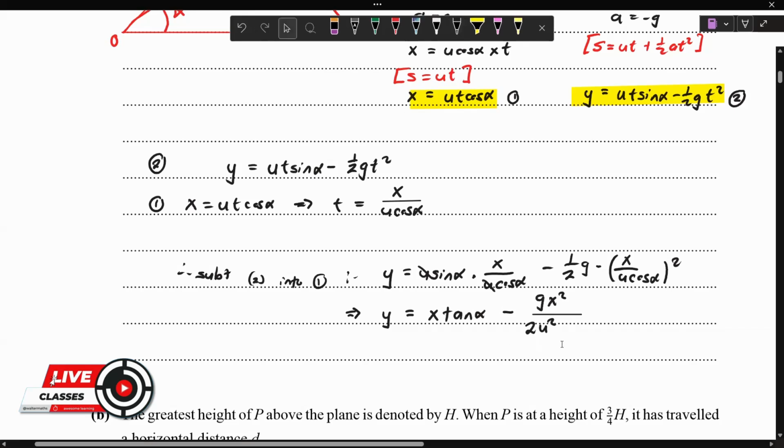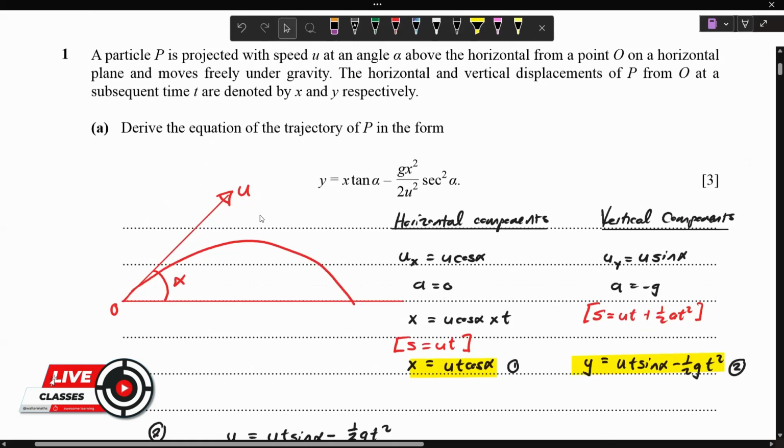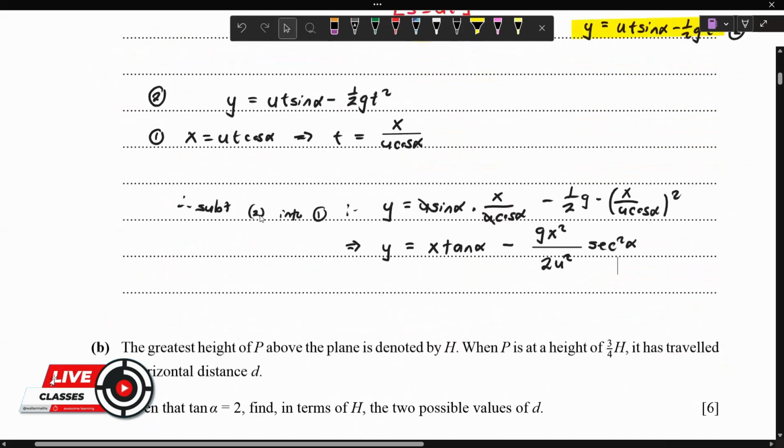However, 1 over cos squared alpha is actually the same as sec squared alpha. So sec squared alpha here. So this is actually what they want us to derive, right? So that's how we do it. Okay, that's the answer here. Let's move on to part B.